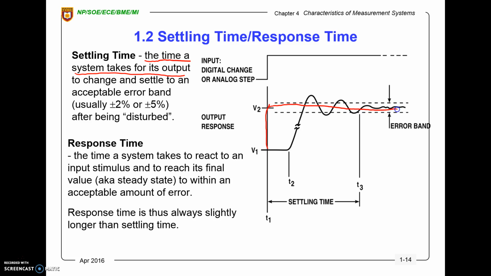As long as the output is within an error band of, say, 2% or 5% of your final value, we accept that, because you will never get a very straight output. Sometimes it will vary a bit, as I've drawn on the screen, and hence you will never get a very strict value. Hence, we give it a bit of tolerance, say 5 or 2%, and that marks down the time whereby it's within the acceptable error band.